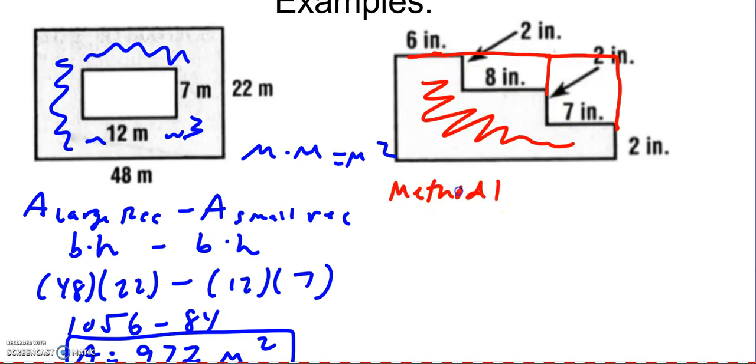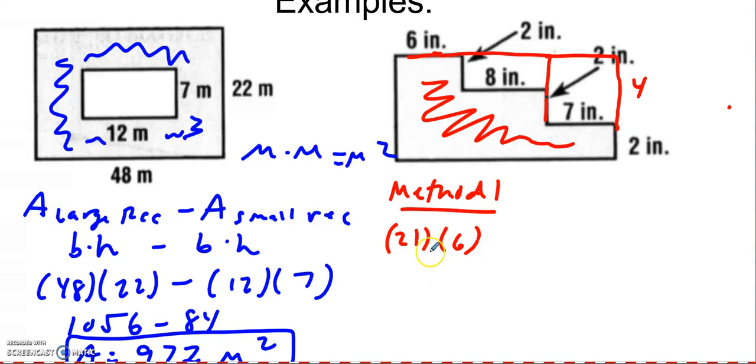So let's say we view method 1, that we complete the entire rectangle and then subtract out the two pieces that aren't there. So the area of the big rectangle would be base times height. The base of the large rectangle would be 6 plus 8 plus 7, which would be 21. The height of the rectangle would be 2 plus another 2 plus another 2, or 6.